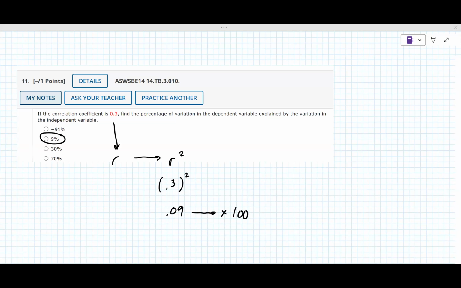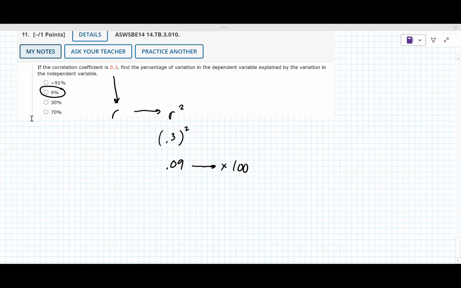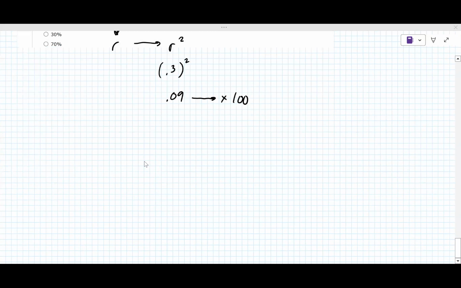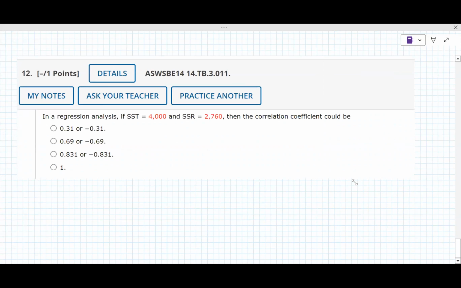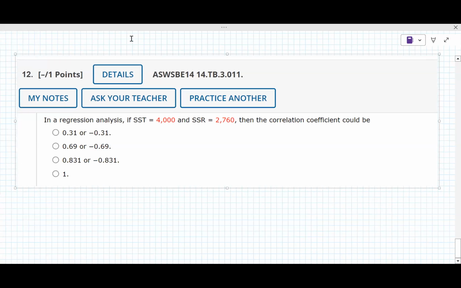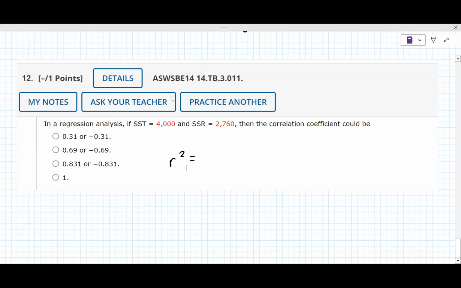All right, so here we go. In regression analysis, if SST equals 4,000 and SSR equals 2,760, the correlation coefficient could be, so again, this is that whole R squared thing we were doing a couple of problems ago.